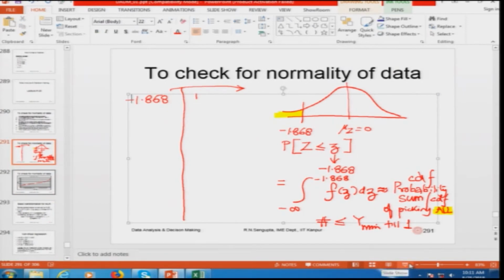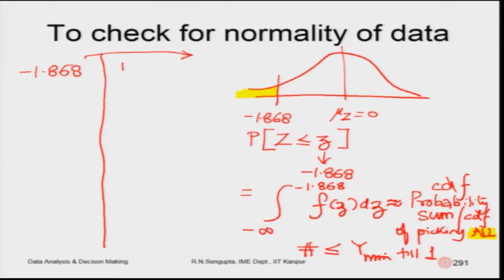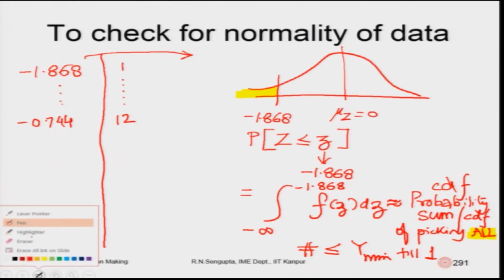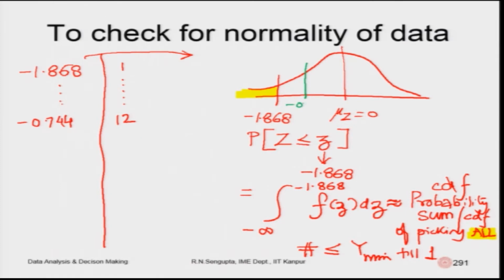So, let us come here again. It will be somewhere at minus 0.744, this is 12, and there are other values here which I am not including. I use a different color, the green one, minus 0.744 is here.